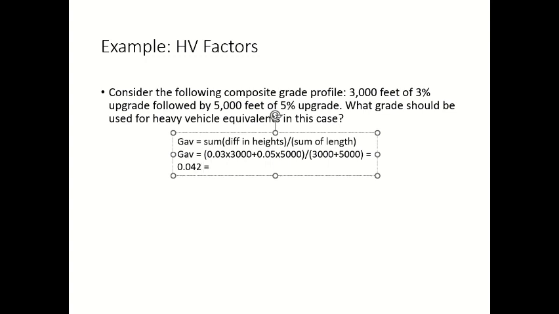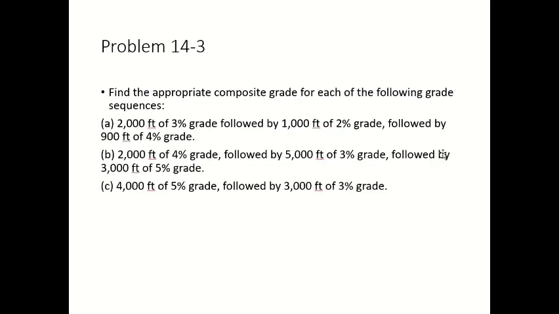Okay, so basically 4.2%, right? Clear? So yes, they are taking the weighted average according to the length. They multiply with the length, right? But because it looks like slope, total height upon total length, they call it average gradient. Clear? Any questions?